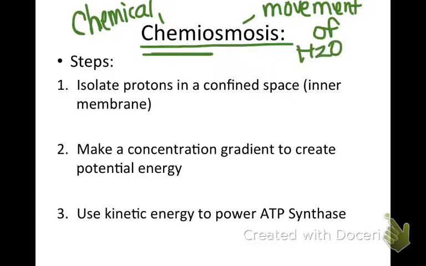So we're chemicals moving through water. So, first step, there's 3 steps. You got to isolate some protons. Remember what charge protons are. Remember, those are positive. And you want to pack these into a confined space.